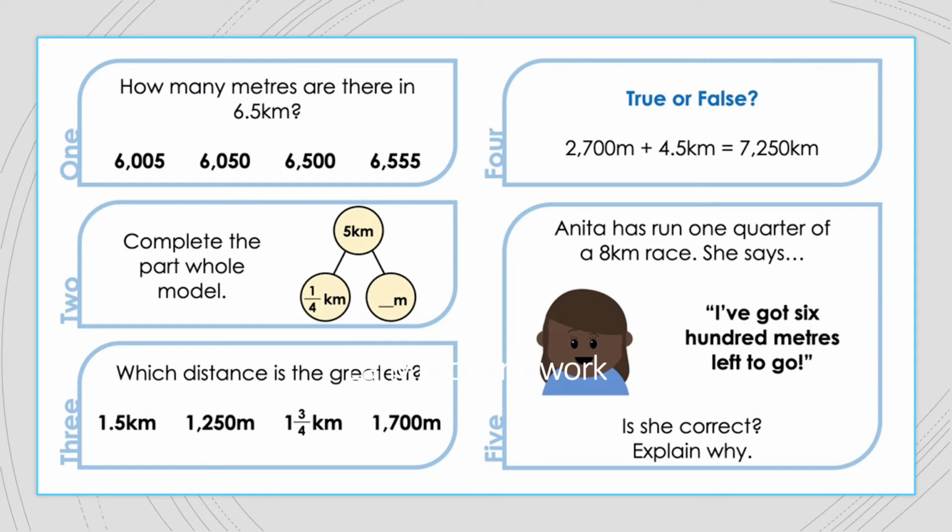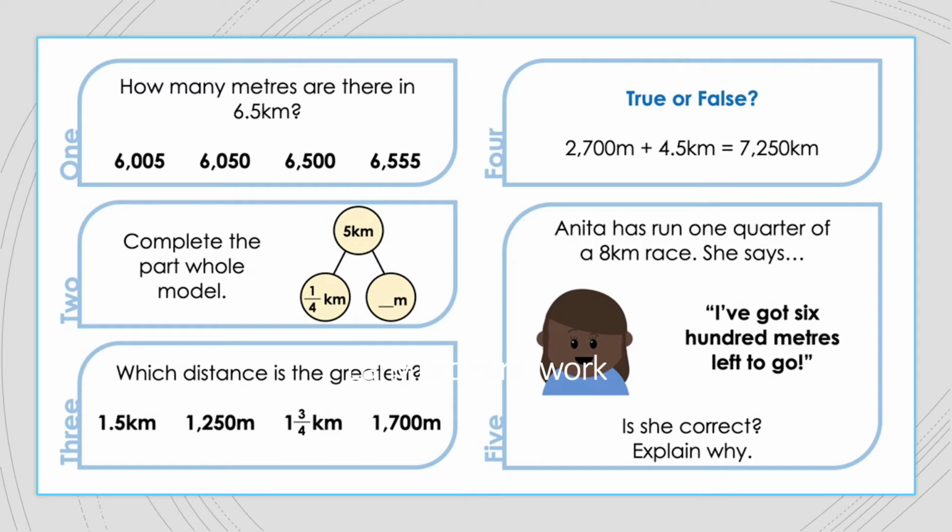So, 5 kilometres is the same as 5,000 metres. 1/4 of a kilometre is the same as 250 metres. So 5,000 subtract 250 is 4,750.